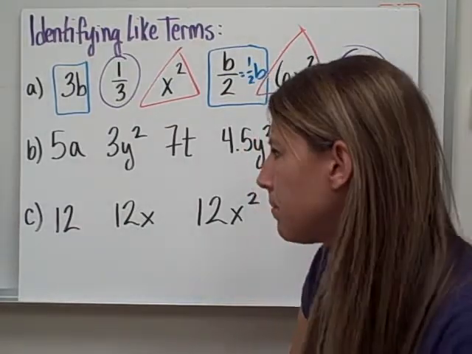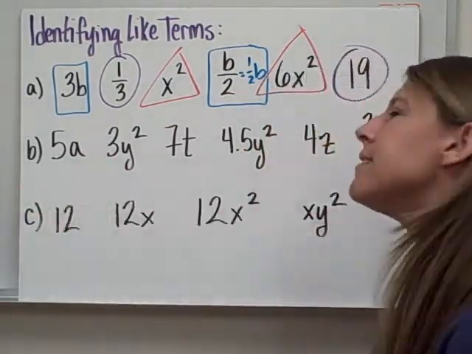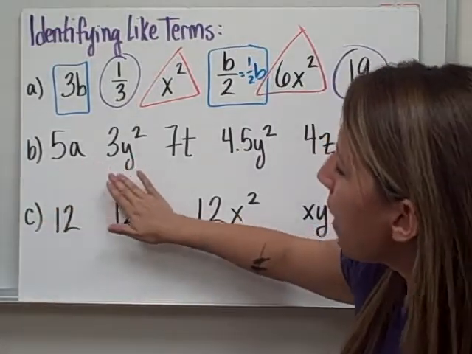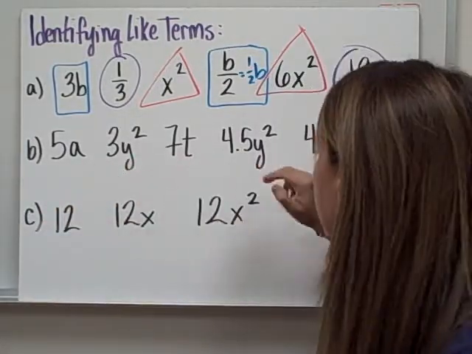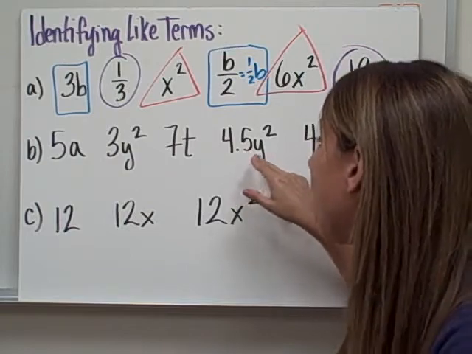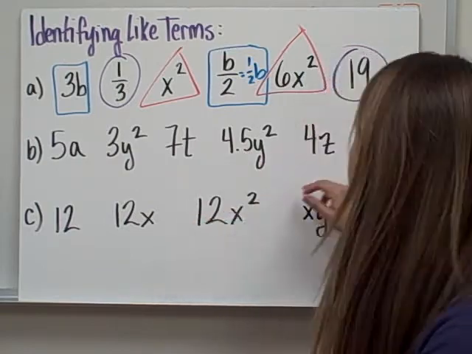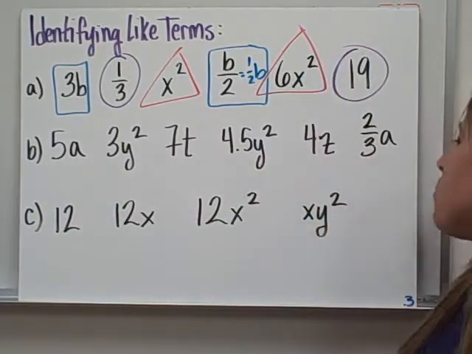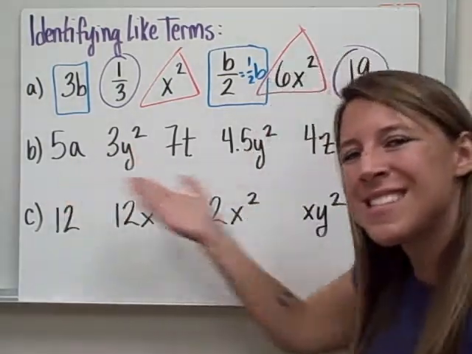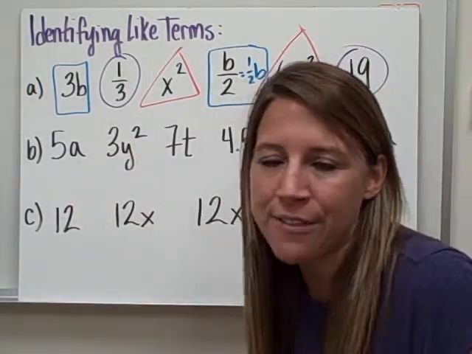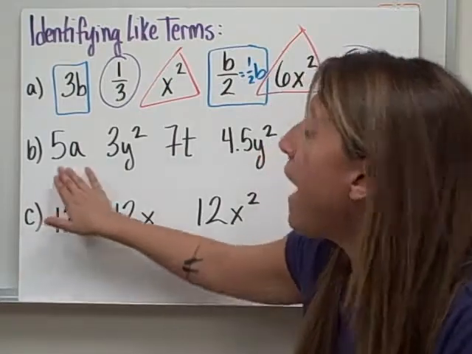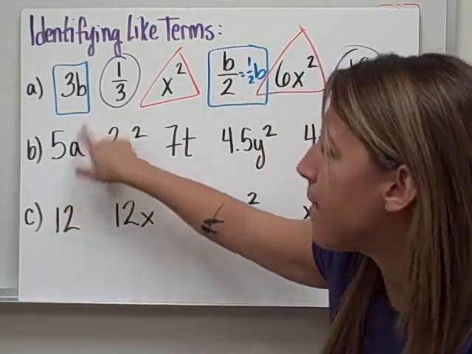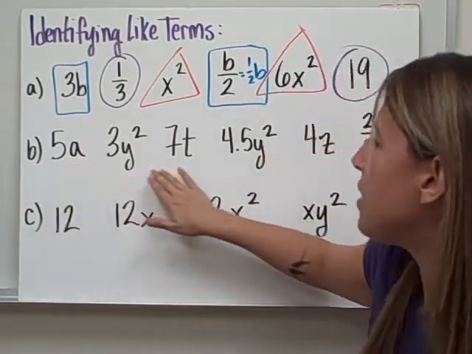So I'm done. In example B, I have this wide list of terms: 5a, 3y squared, 7t, 4.5y squared, or 4 5/10, 4z, and 2/3 a. So I like to start at the beginning and scan to see if I have any like terms. 5a, a has no power, so I'm looking for any a terms.